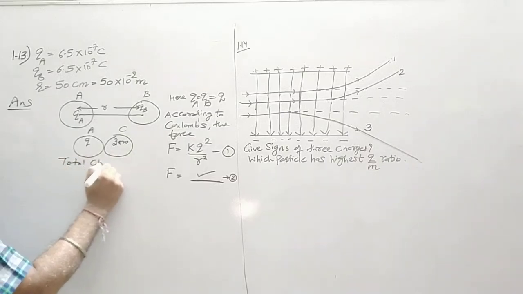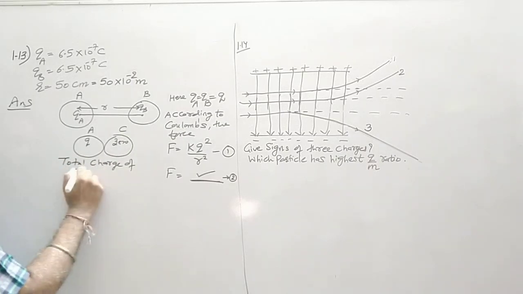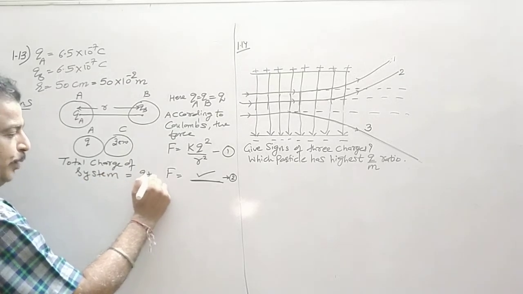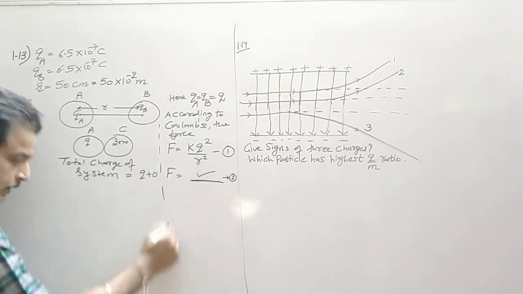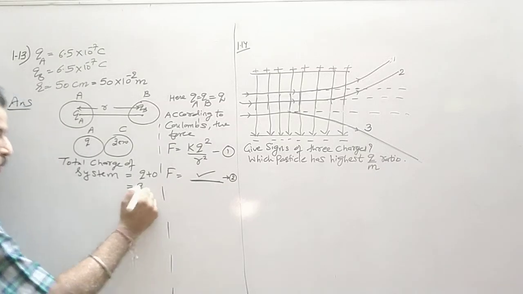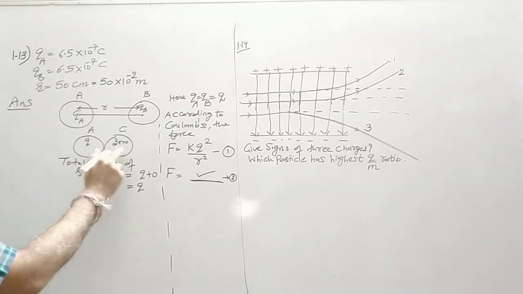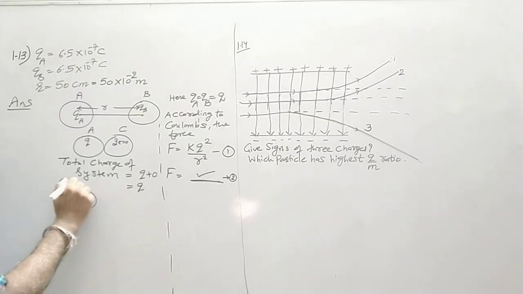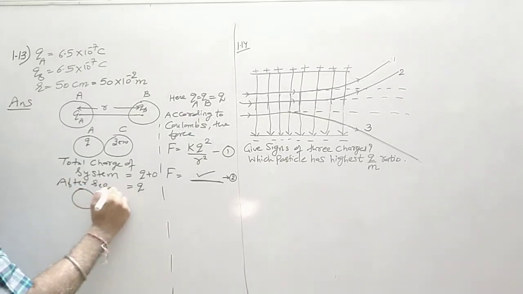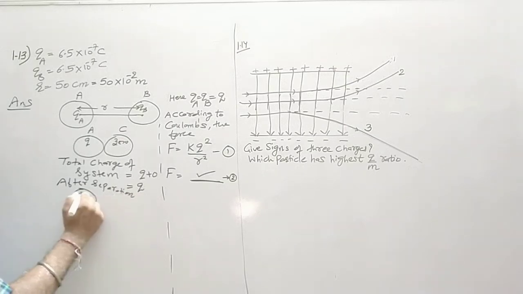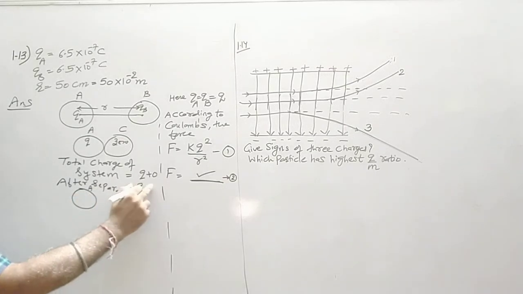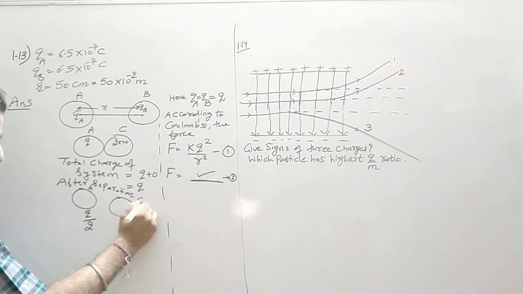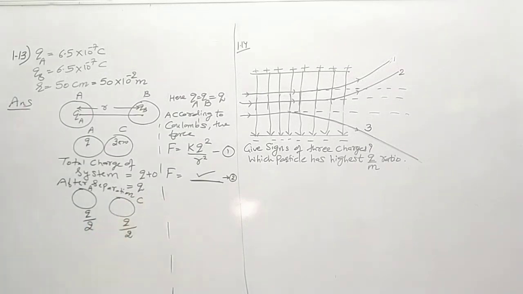So the total charge of the system is equal to Q plus 0, that is Q. Now C is separated from A. So after separation, sphere A will have half of this, that is Q by 2, and the sphere C will also have a charge Q by 2.